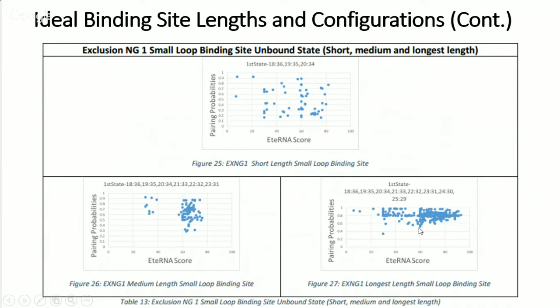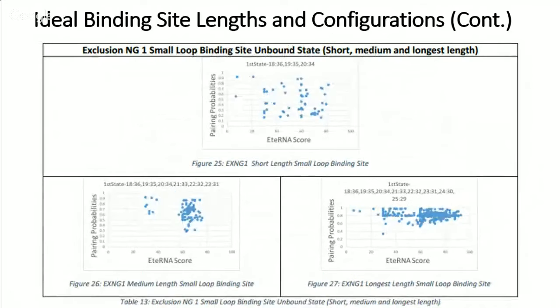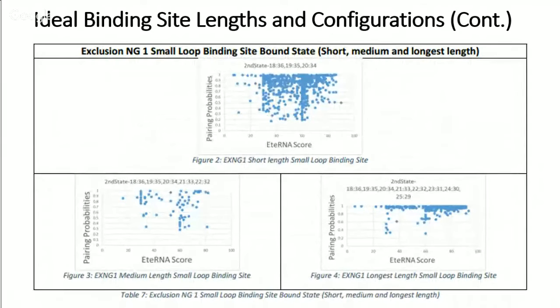And so this is saying that the longest loop is the ideal length for this sublab in the unbound state. And then the next slide is for the bound state.